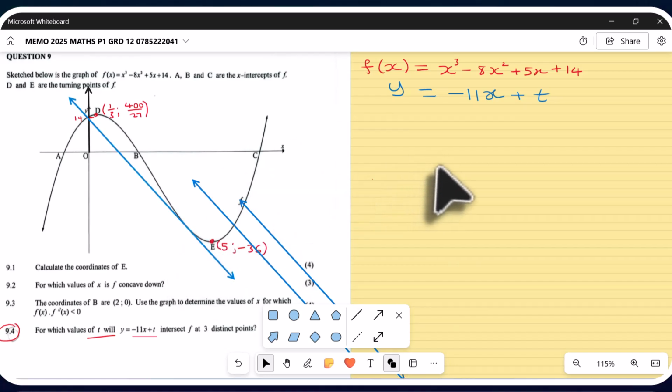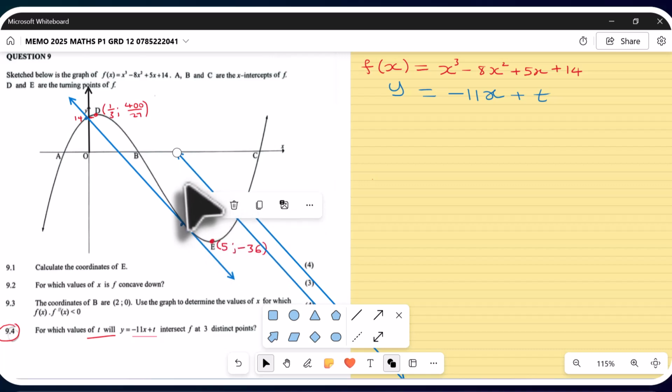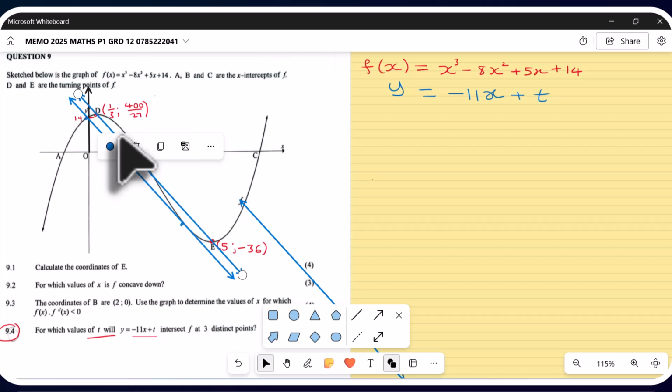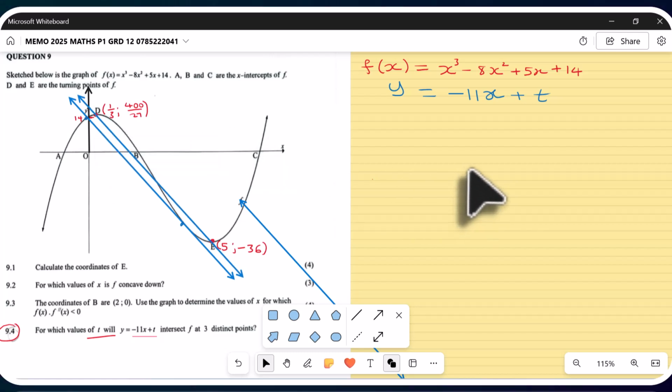Then if I continue moving up, it's still touching, but the maximum at that other point means it is now touching again at only 2 points. Now with this understanding, what do you have to say?